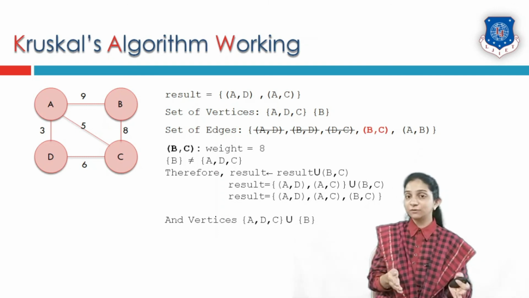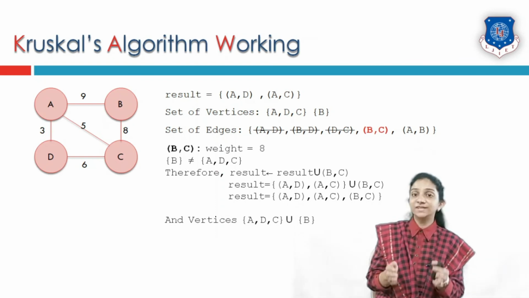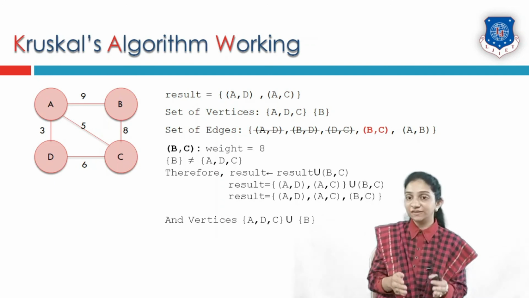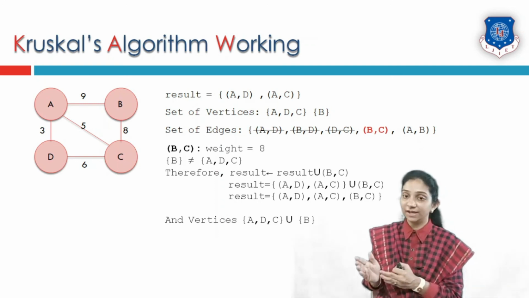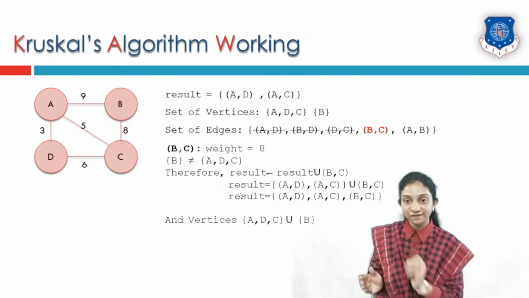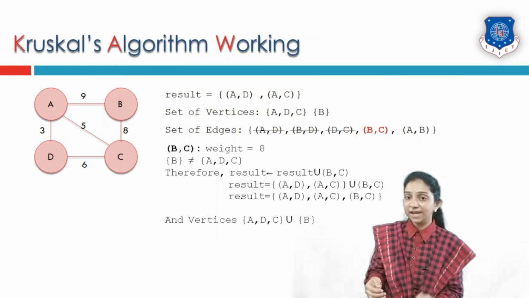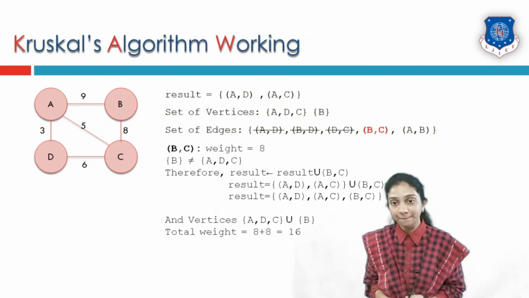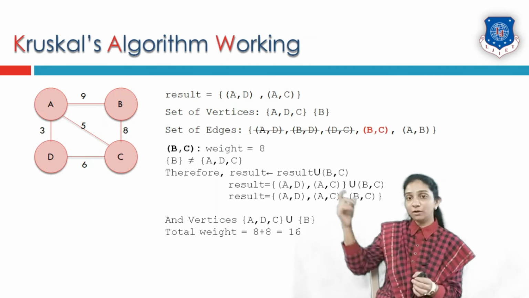That means the set which contains vertex B must take union with the set which contains vertex C. Here the set which contains B is only a single element set, which is taken union with the set which contains vertex C, that is A, D and C. If we take the union of the two sets, now my set contains 4 elements: A, D, C and B. And the total weight of the graph is the previous weight plus the weight of the new edge.